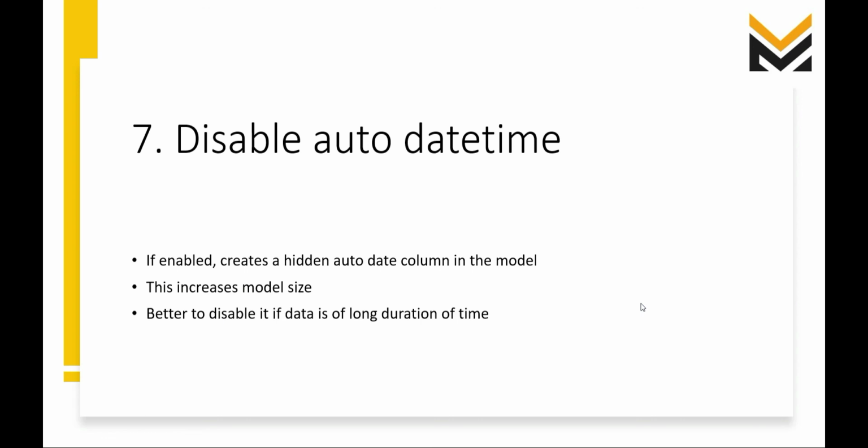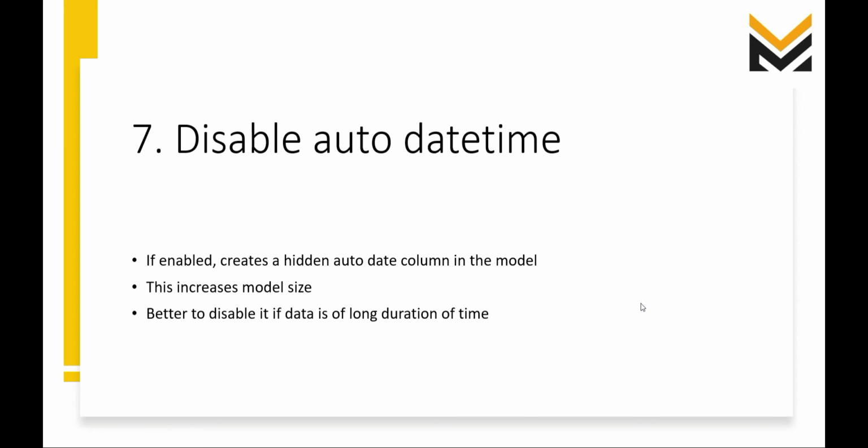So if your data was starting from 1960 and ending in 1999, then it's going to create a hidden auto date column which has all these dates from 1st January 1960 to 31st December 1999. So you can imagine how much space it's going to take.